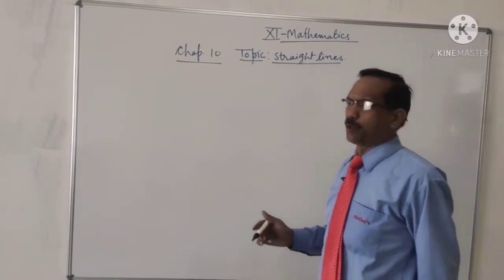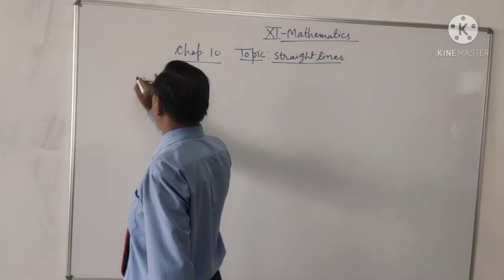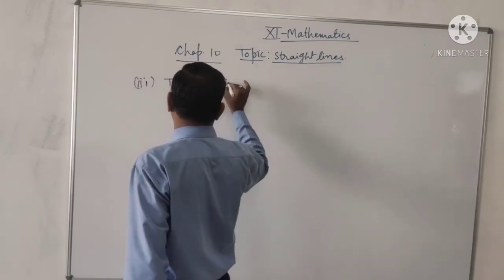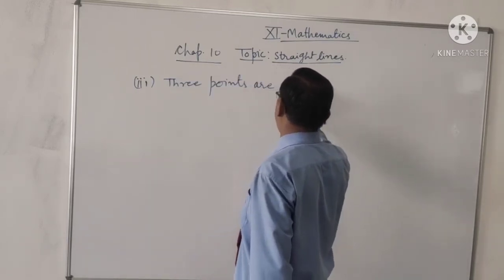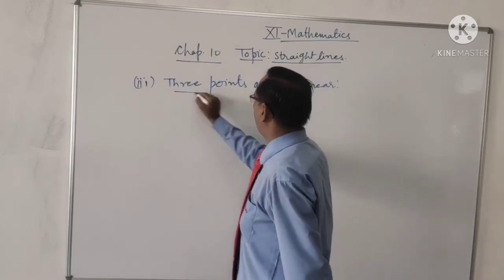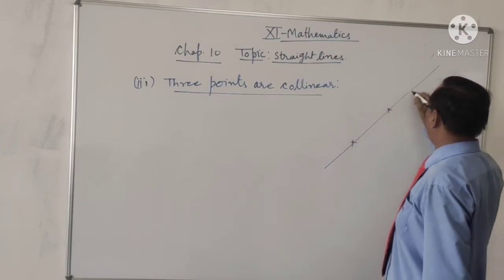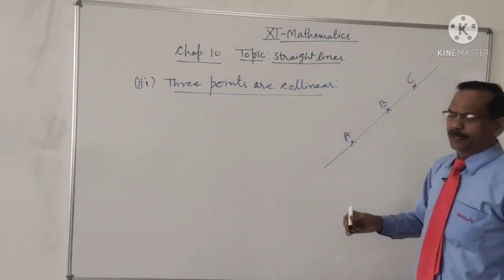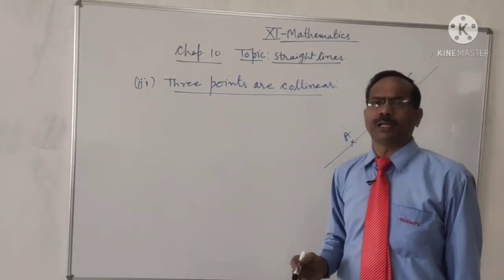Students, see one more condition, that 3 points are collinear. Let us suppose there are 3 points A, B, C. They lie on a line. If these points lie on a line, then they are said to be collinear.